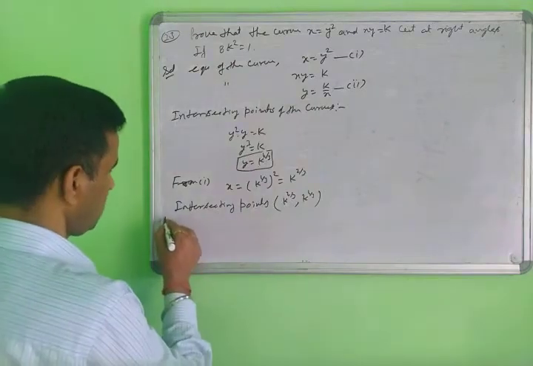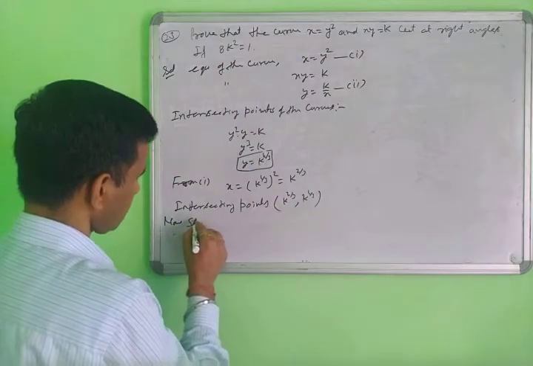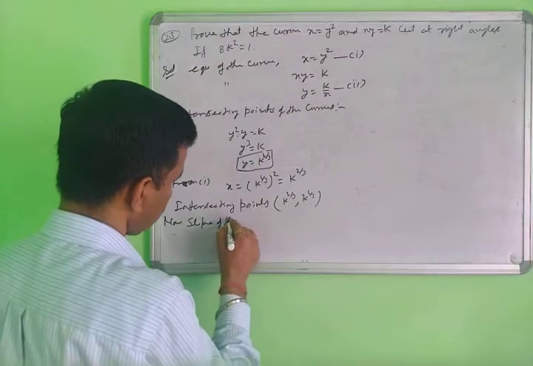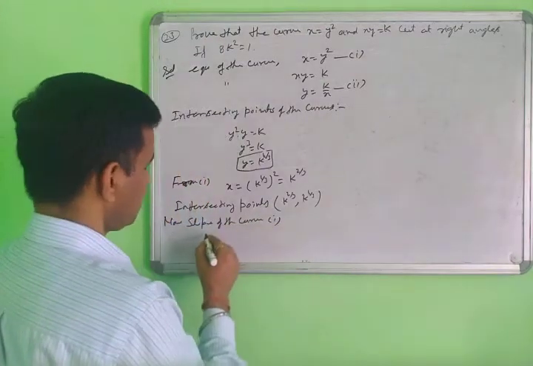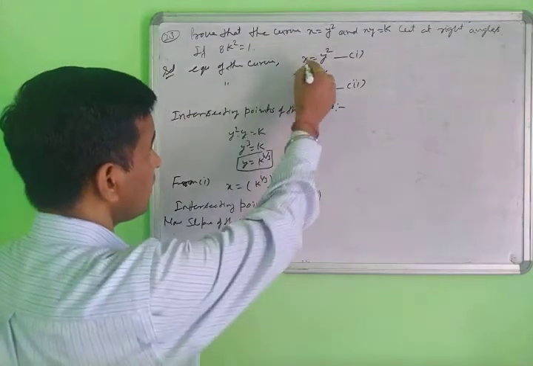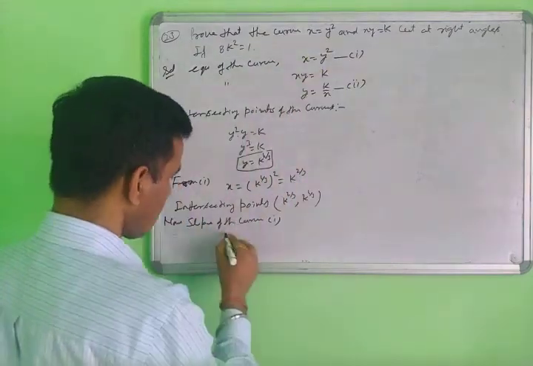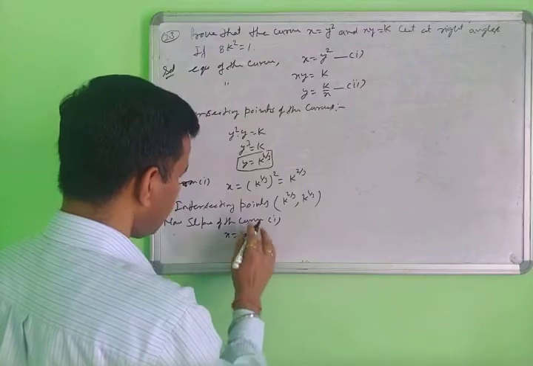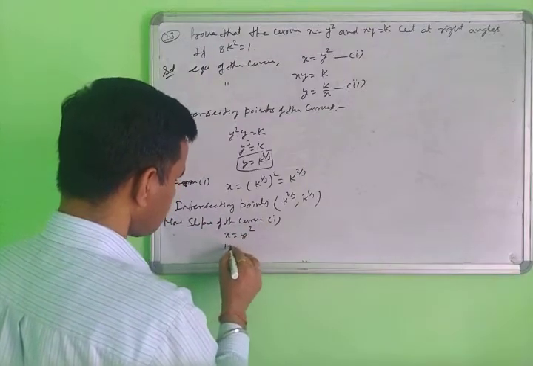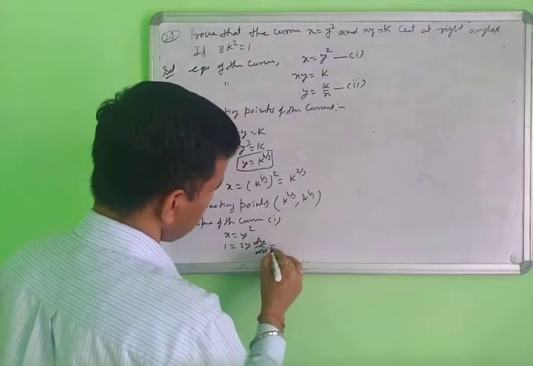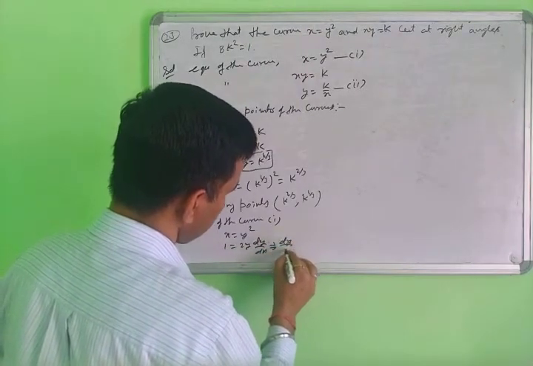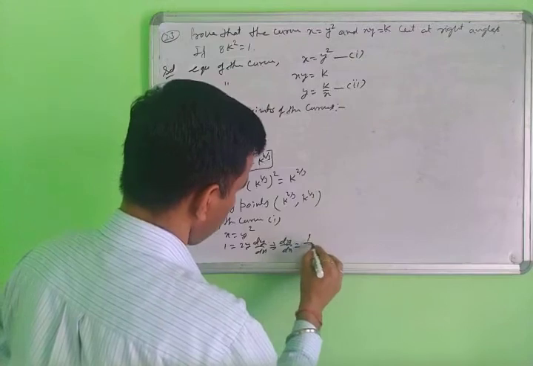So now, the slope of the first curve, x equals y square. Differentiating, 1 equals 2y dy over dx, so dy over dx equals 1 upon 2y.